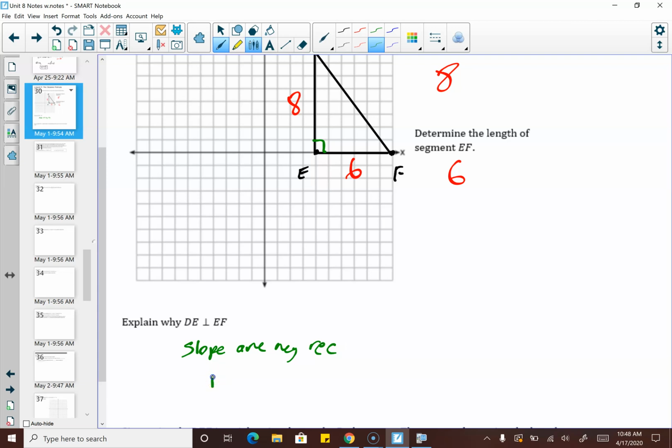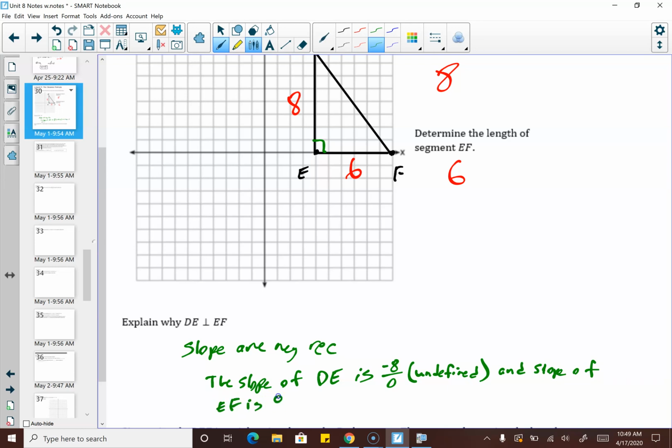get the slope of DE is negative 8 over 0, which we really know to be undefined. And the slope of EF is 0 over 6, which is really 0.